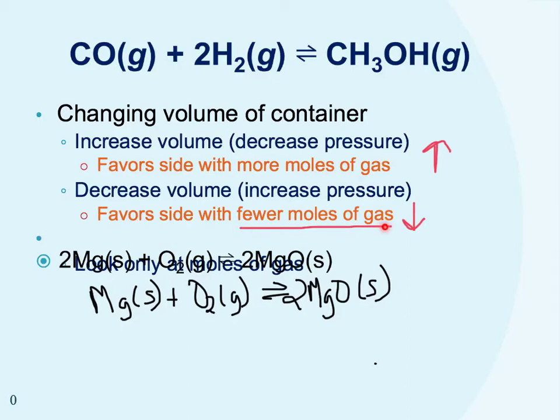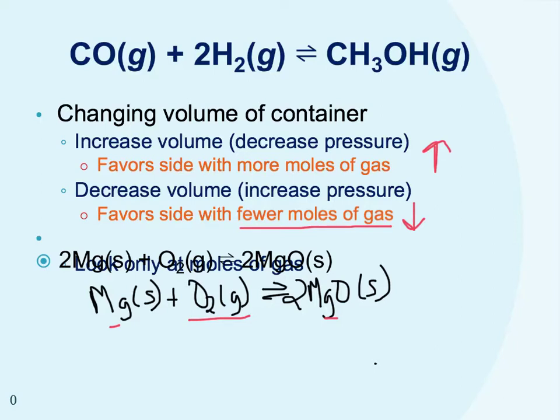Note when we look at the example down here, what we see happening is that now we have solids involved. And so when we're looking at this, we only look at moles of gas. So for this particular reaction, we'd only be looking at the oxygen. We're not worried about how many moles of solids we have on either side. Sorry, my slide got a little jumbled when I imported it into the app.